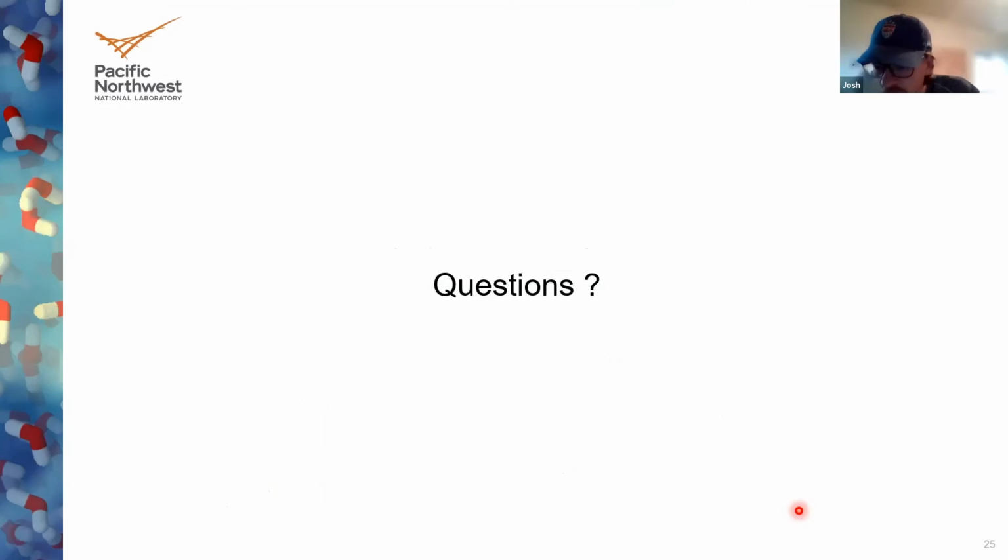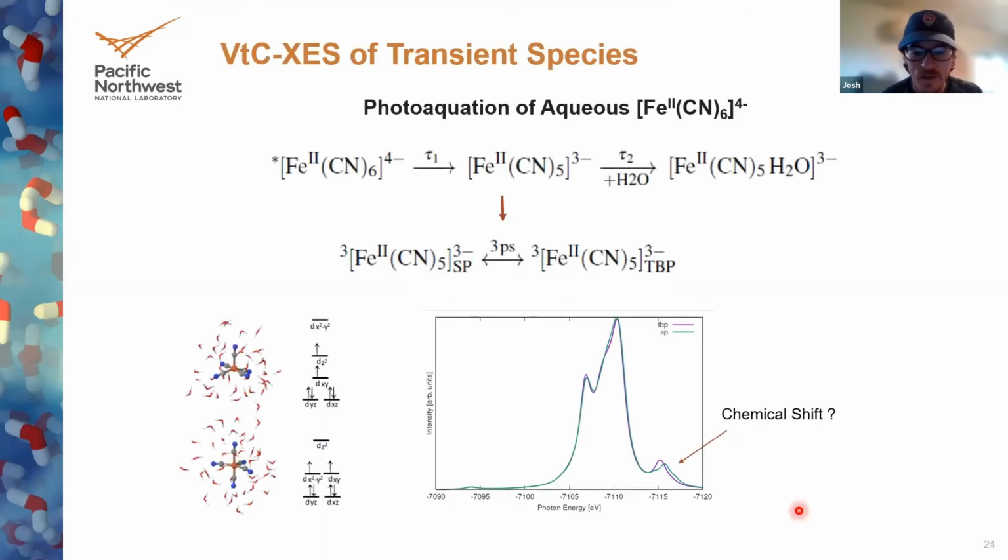I don't see any questions there, but I do have a question about that iron cyanide system, and this question of resolving the two structures experimentally, or at least confirming your theoretical percentages or probabilities.